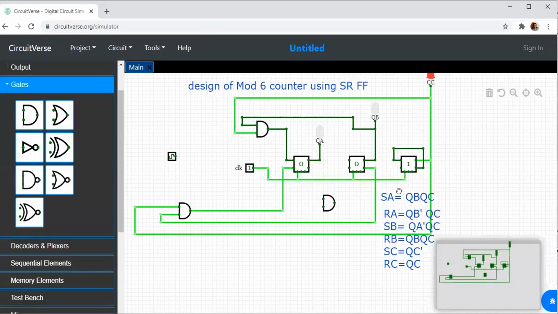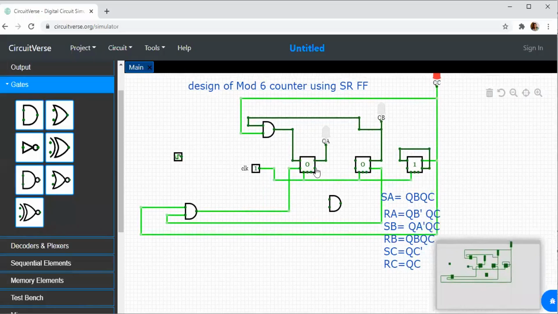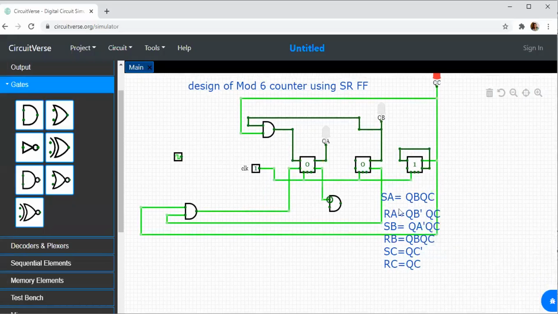So my SB is equal to QA bar. I have QA bar over here. So since I have QA bar over here, it is QA bar into QC. QC is again over here, just have to tap it. So this is QC, QA bar into QC. So this is my SB.